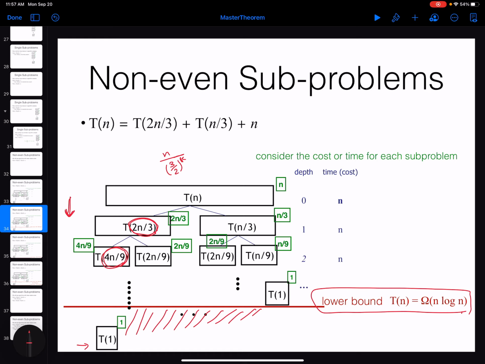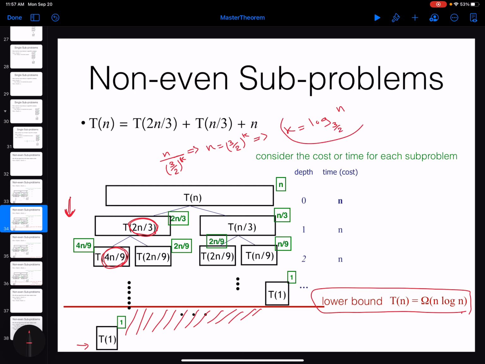where k here is the number of depths on the longer side. So if you simplify this, you can see that n will be 3 divided by 2 to the power of k. So k, the depth of the tree on the longer side, will be equal to log of n in base 3 divided by 2.